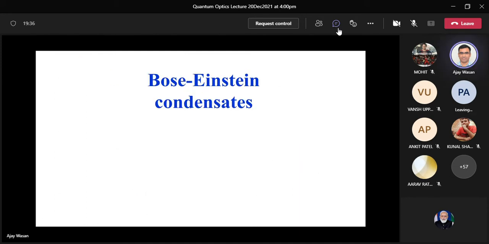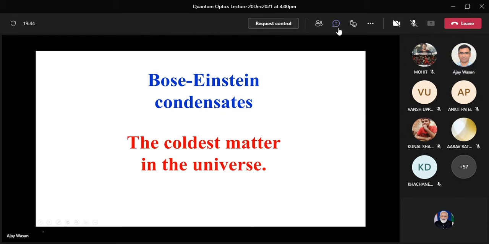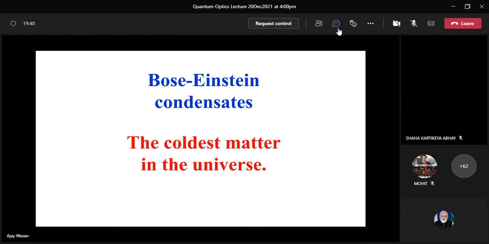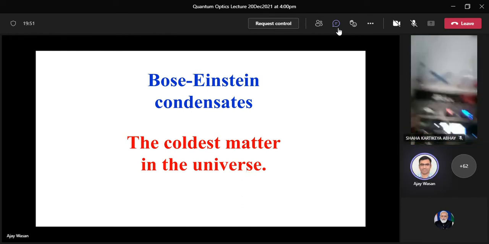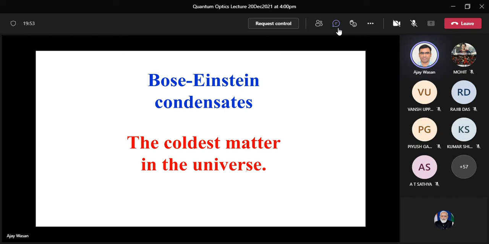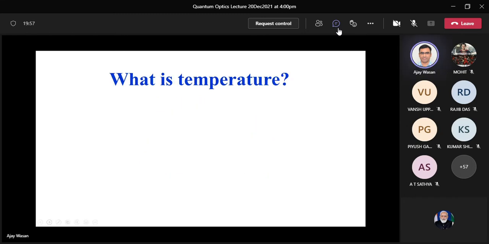Okay, now coming to more details to understand the BEC, Bose-Einstein condensation. This is the coldest matter in the universe, because we have to make the atoms very cold. The question comes, what is temperature?